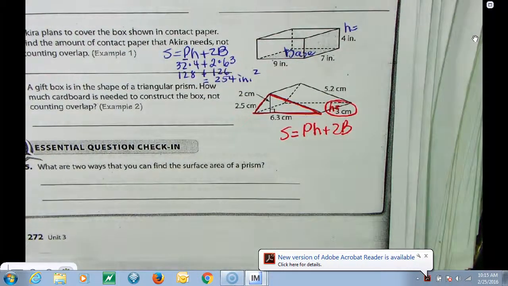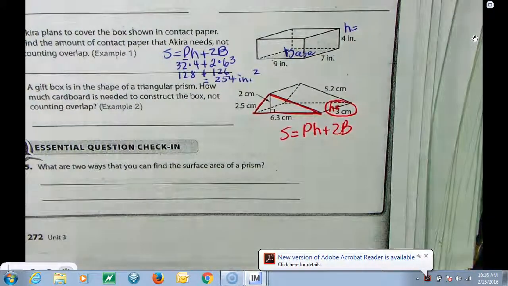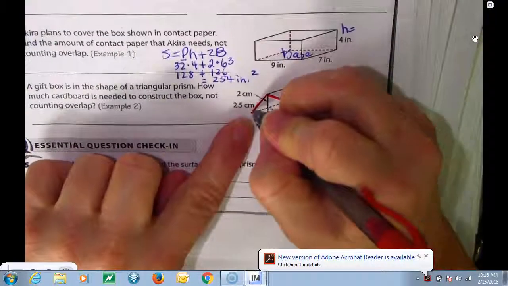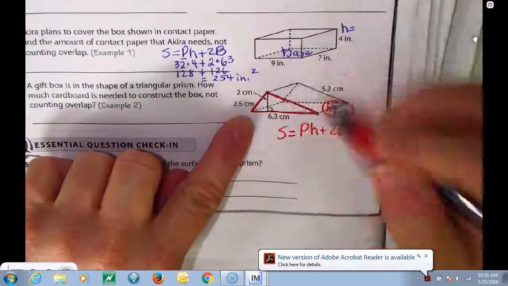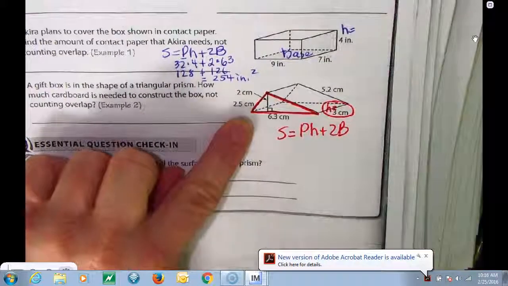I'm going to just check. What's the perimeter? It's 14. You are adding up around the triangle. Oh my goodness gracious. Tell me what you're adding. 2.5 plus 5.2 plus 6.3.